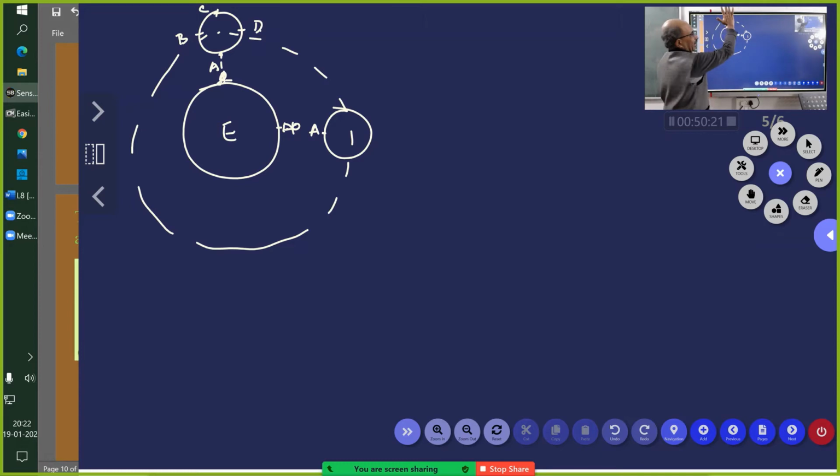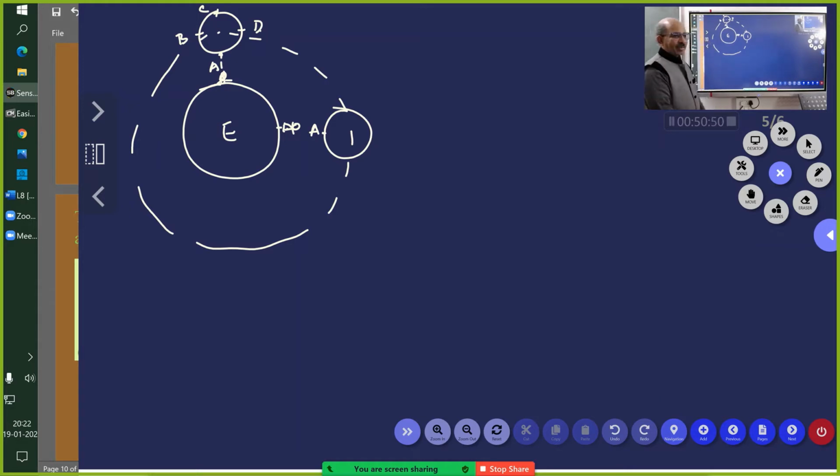See, now this point of my hand. I'm just giving you some hints. I'm just attempting to tell you that you can draw something and you can visualize.